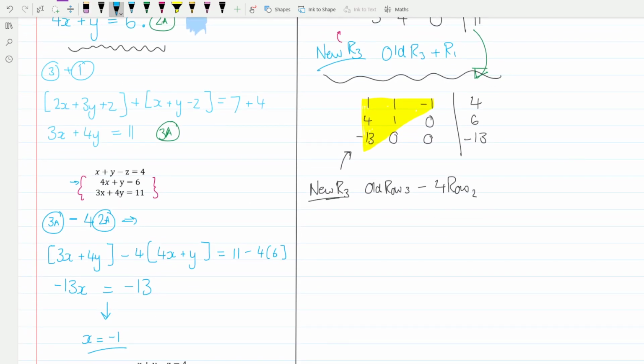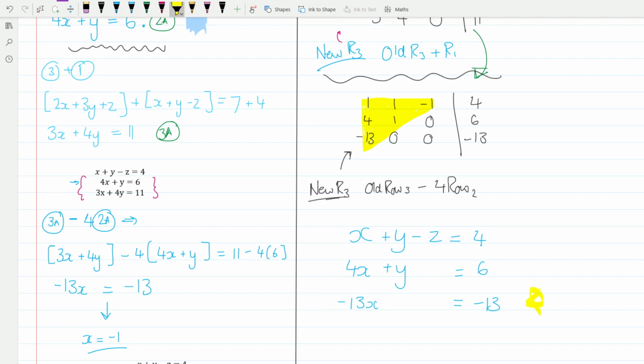So we've got this top equation, which says 1x plus 1y take away 1z is 4. The second equation, which says 4x plus y is 6. And the bottom equation, which says minus 13x is equal to minus 13.